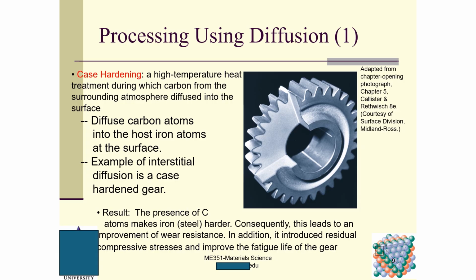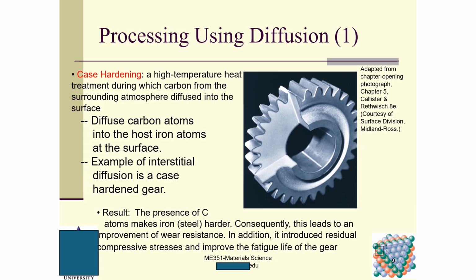And then you elevate the temperature. After some time, some small carbon atoms will diffuse into the surface of the specimens to be hardened in the case. Did that make sense?